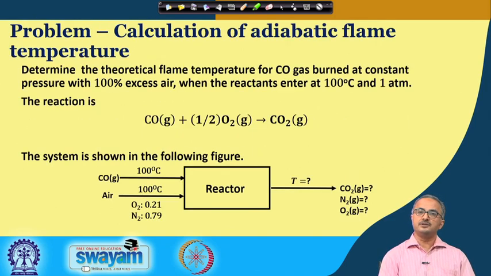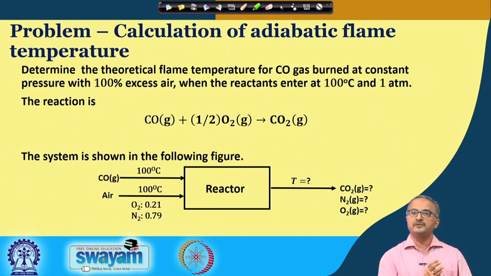Next we come to another problem. In this problem, we have to estimate the adiabatic flame temperature. What it means is this: whenever there is some kind of combustion happening, you know that it will lead to some energy generation and there will be a rise in temperature. This rise in temperature can be estimated, and there are various methods.